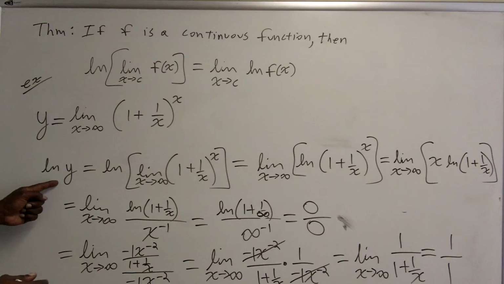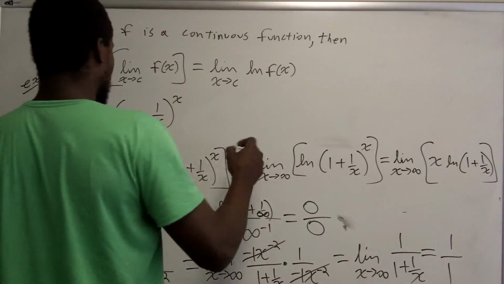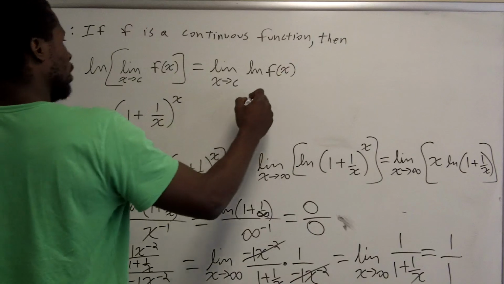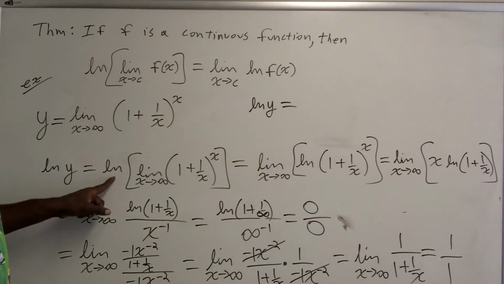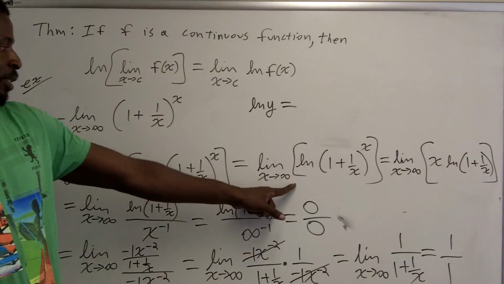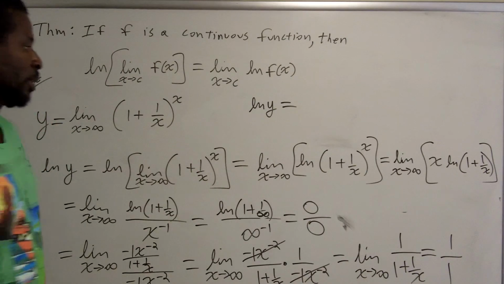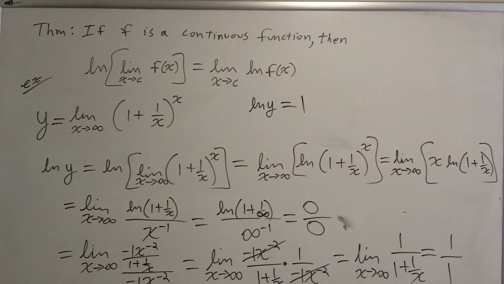Actually, I've calculated the limit of the natural log of y, not the limit of y. So I'm going to go back and say, I know that the natural log of y is equal to this limit. Therefore, since the limit is equal to 1, that means the natural log of y is equal to 1.